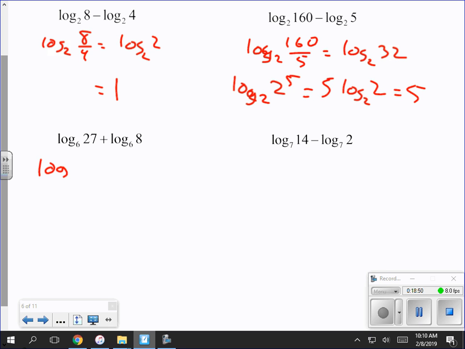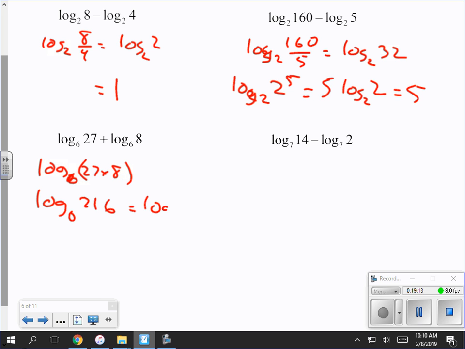log base 6 of 27 times 8, which is log base 6 of 216. Why is it 216? Because 216 is 6 cubed.